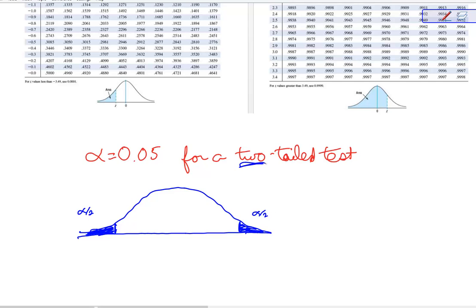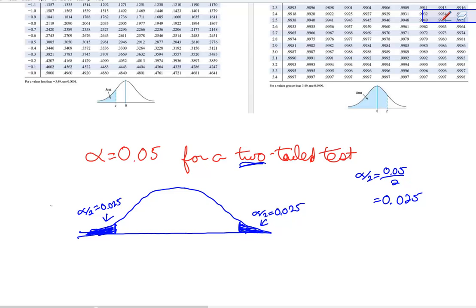So 0.05 divided by 2 gives me 0.025. So I have 0.025 in both sides. A two-tailed test is similar to your confidence intervals, where we have to divide our alpha and put it in both sides.